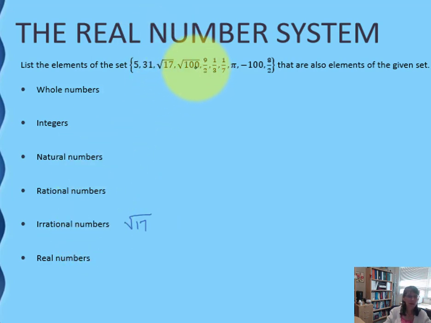Square root of 100. On your calculator, you will find that that is equivalent to 10. So that's going to fit in several of our subsets. We'll get to that in a minute. 9 halves. We can see right away it is written as a rational number. 9 divided by 2 is 4.5. So that is a terminating decimal.